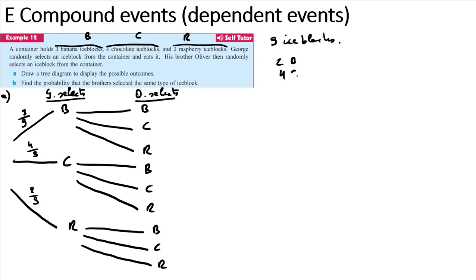We still have 4 chocolate and 2 raspberry. So in total we have 8, and the probability of selecting another banana ice block is then 2 out of 8. The probability of selecting a chocolate ice block is 4 out of 8. The probability of selecting a raspberry ice block is 2 out of 8.